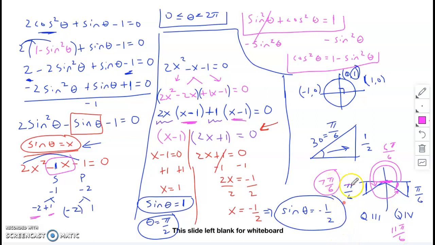Therefore, my answers are pi over 2, 7 pi over 6, 11 pi over 6. And that should be it. We reviewed everything in terms of the equations, how to find the reference angle, how to locate the quadrant. Thank you very much for watching.